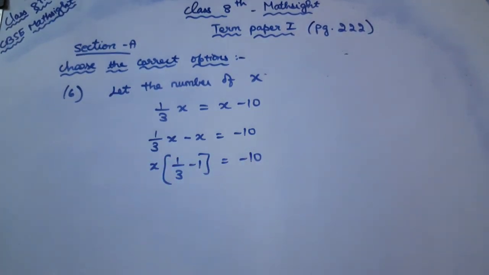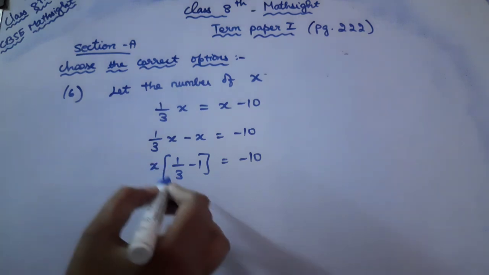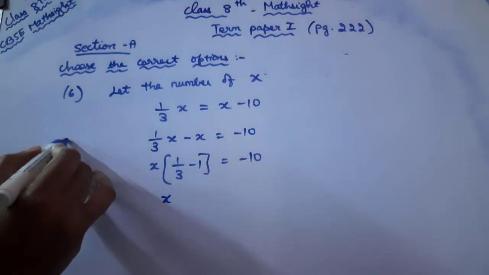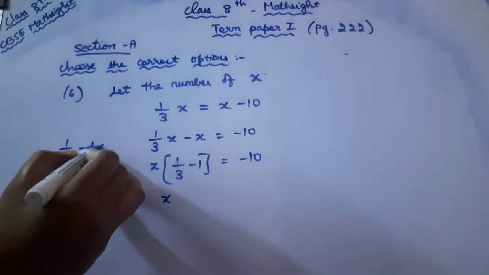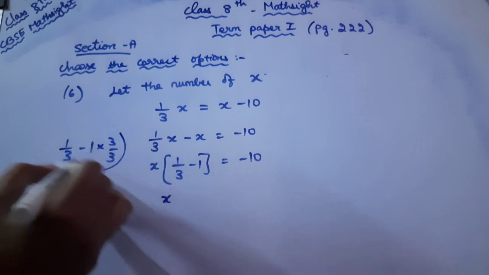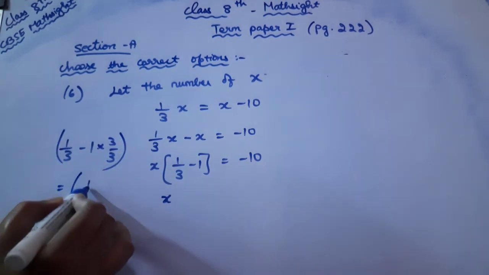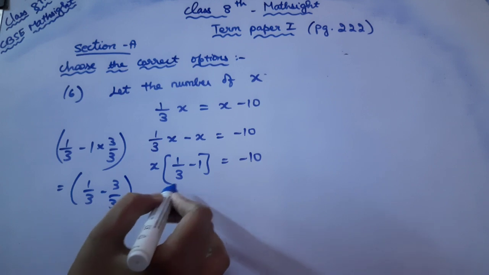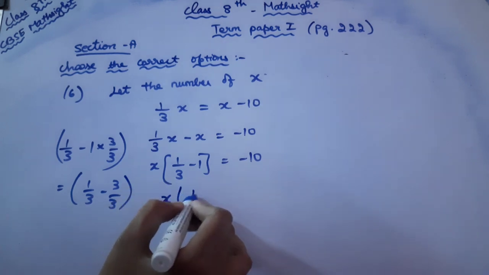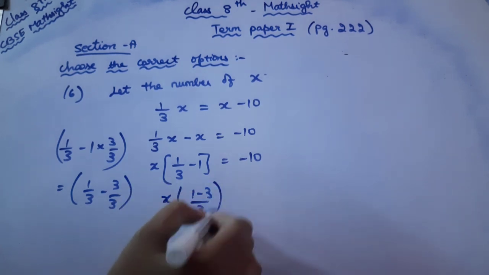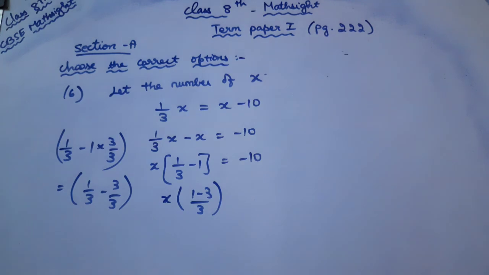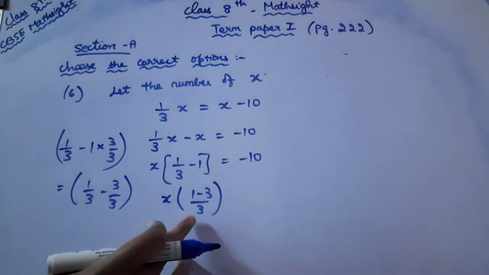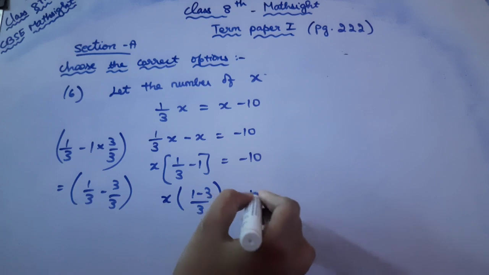For 1 by 3 minus 1, we take the LCM, which means we multiply 1 by 3, giving 3 by 3. So we get 1 minus 3 by 3.